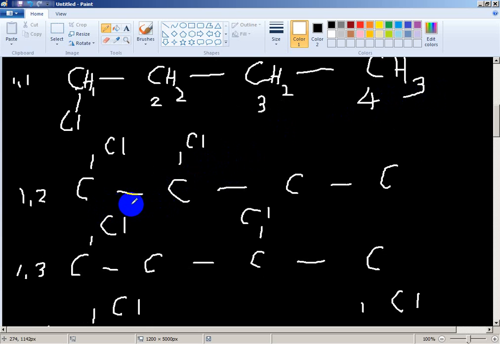Now this is 1 2. I am putting hydrogen here. CH2, CH, CH2, CH3. This one will have 2 bonds here.